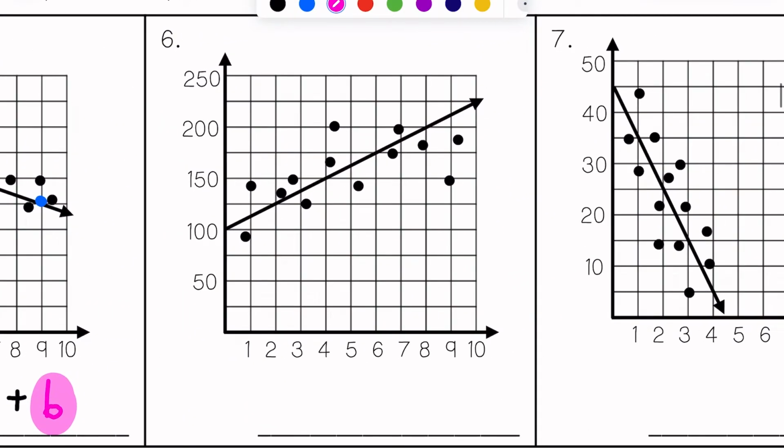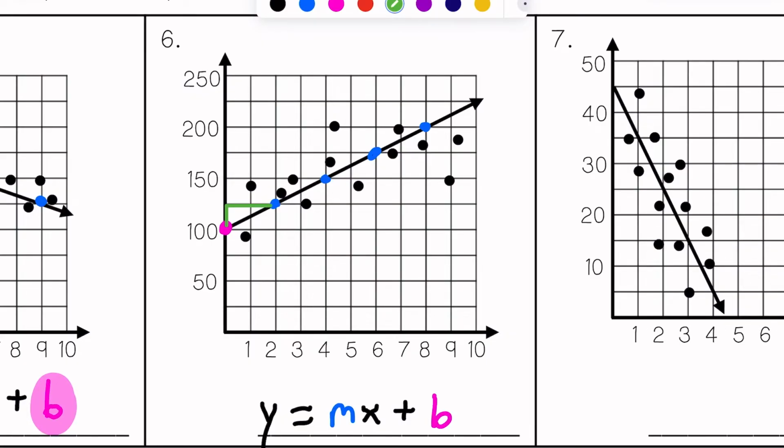For number 6, same idea. Write the format of the equation, y equals mx plus b, a linear equation. Where does this line start? It starts at 100. So that's our b, but you have to be careful when you count up or down or to the right, because it doesn't always go up by ones. As you can see, the y-axis of this graph is going up by 25s. So even though I just went up 1 box, that should count as going up 25.